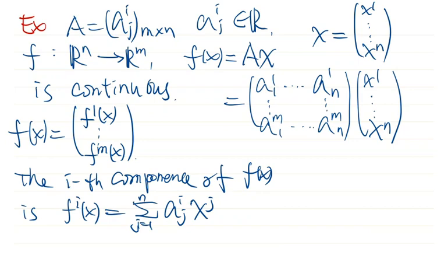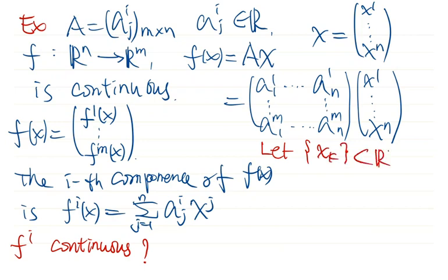So to prove that fi is continuous, we take a point A. Whether fi is continuous at this point A is our question.